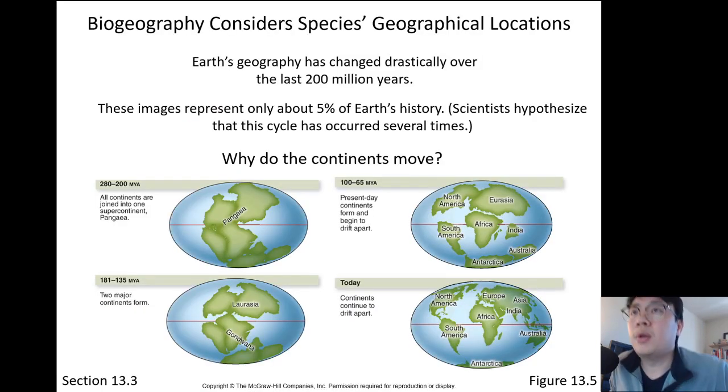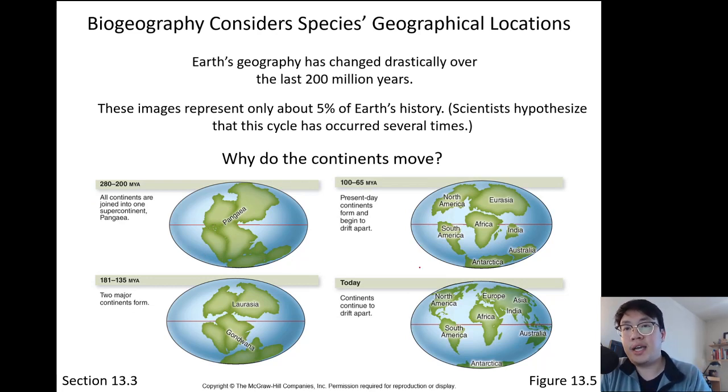Okay, so Earth's geography moves. Originally, back when the Earth was first forming, we have a supercontinent called Pangaea. Pangaea looks like a big conglomerate of land, just one land.